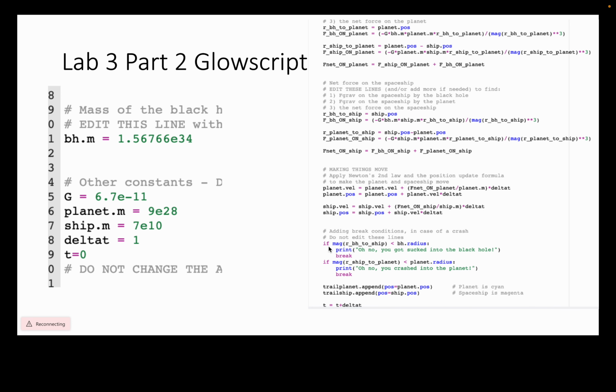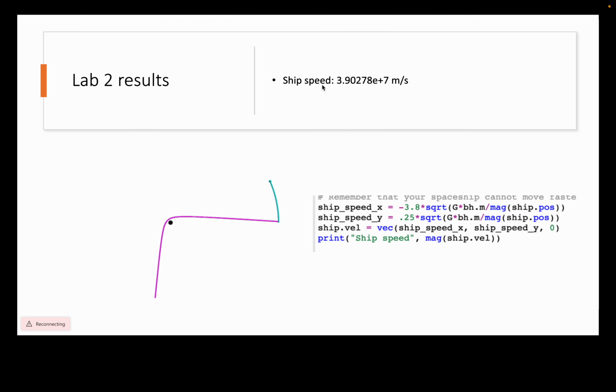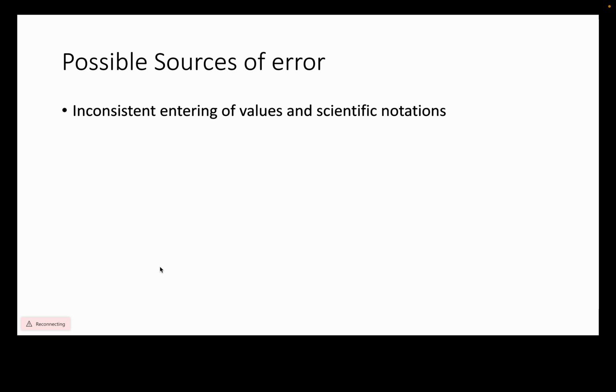From there, we can find the ship's speed to be equal in magnitude to this number, which I found by plugging these constants in. And this is what it looks like in the graph of the GlowScript with the motion curving around the black hole. Possible sources of error for this lab include inconsistent entering of values in scientific notation.